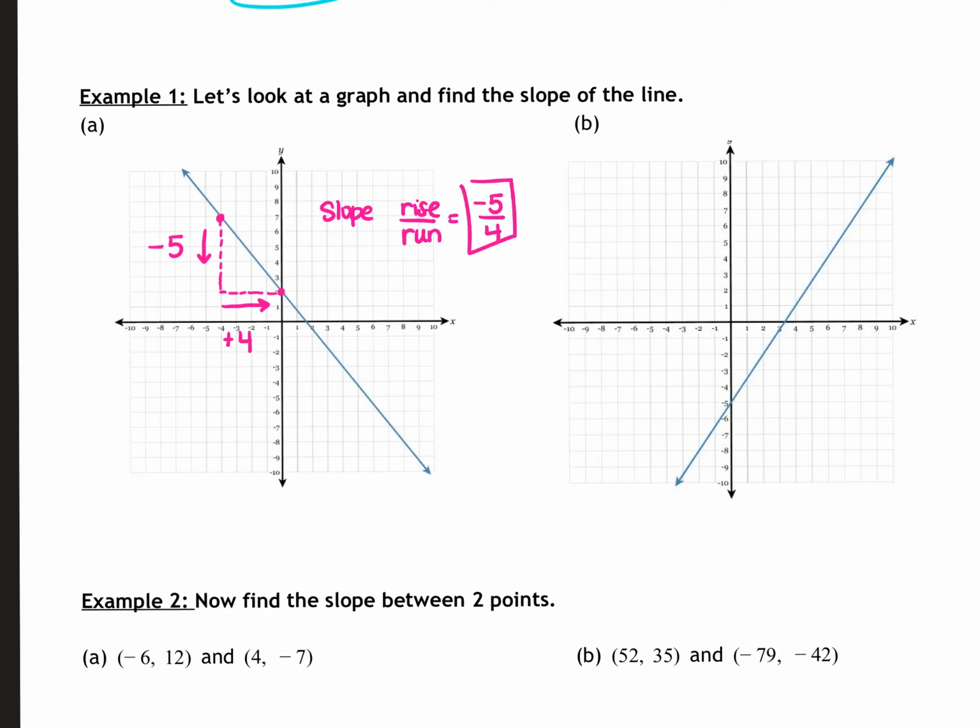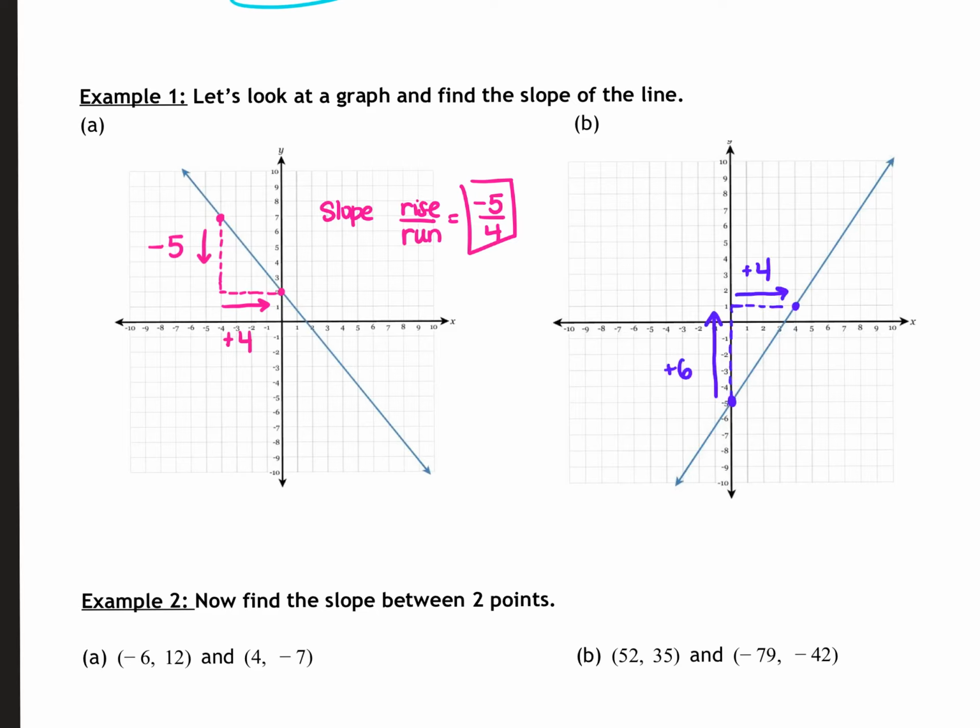Okay, pause the video and try B, and then come back and check when you're done. So maybe you found it this way, in which case your slope would have been up 6, right 4 for a slope of 6 over 4. Now that can be reduced to 3/2, and some of you maybe would have found it a different way, and I'll show you that here.